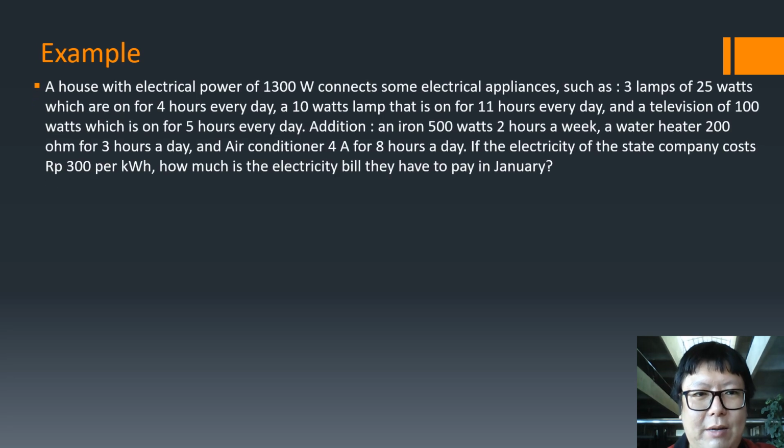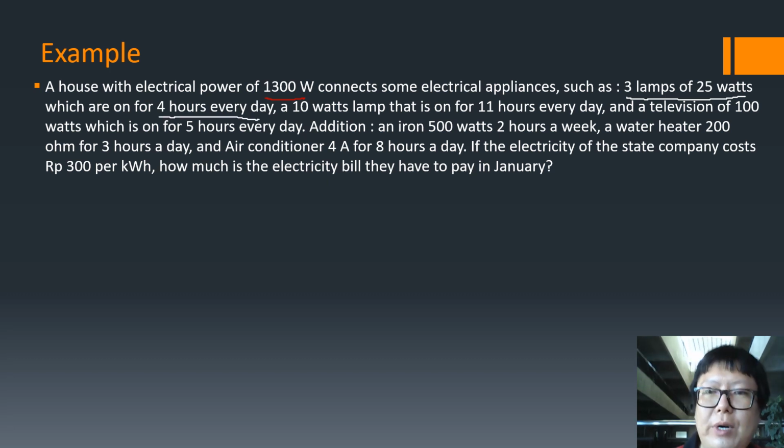This is the example. There is a house, the power is 1300 watts, and it uses lamps. There are 3 lamps with 25 watts and 4 hours every day. So we have to count the usage.